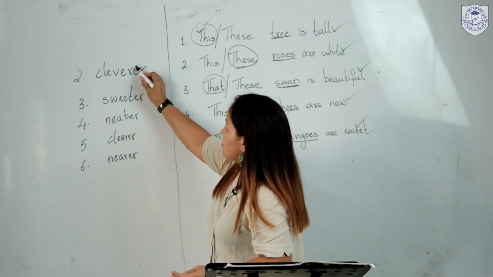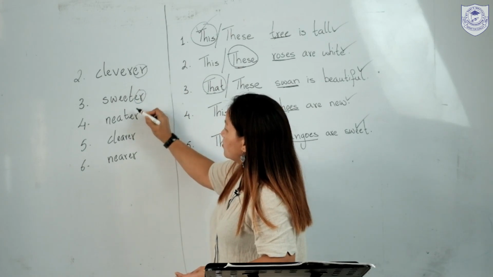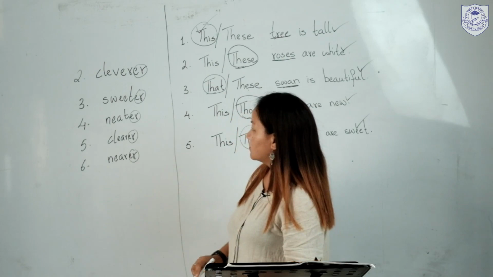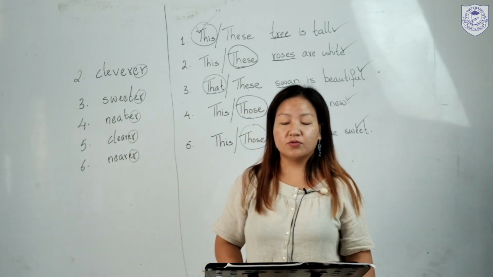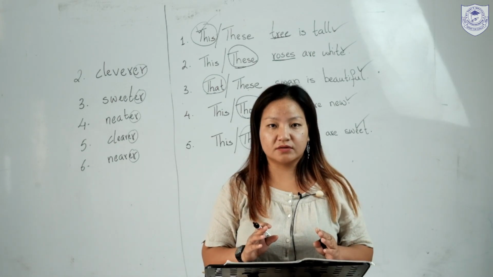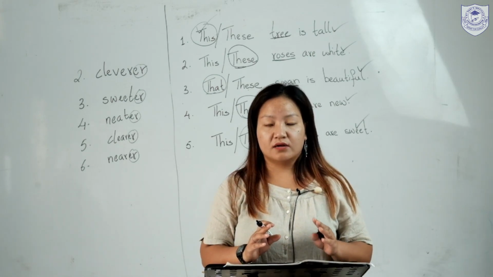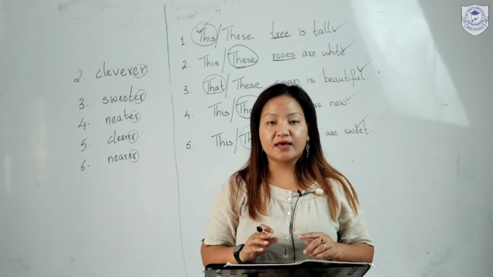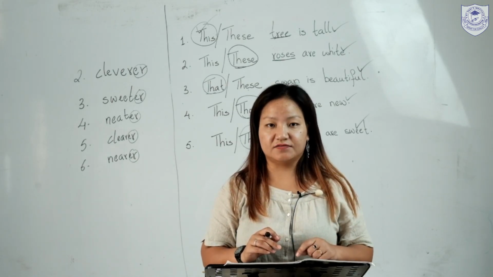So, er is at the last of all the words. Right? So whenever two things are compared, whenever two persons are compared, in comparison words, we always use the letter er at the last of the adjectives, okay?